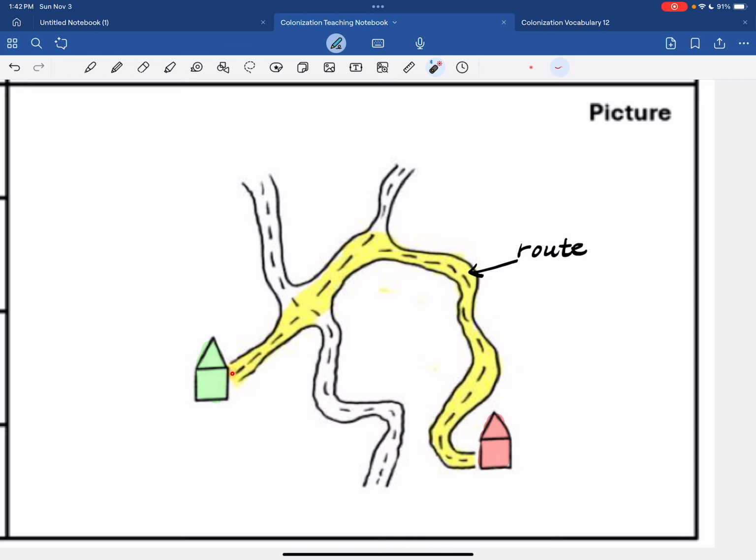So I have to go through the first intersection, turn right at the second intersection to get to my destination. That is the route or the route from point 1 to point 2. I can also go back along that route to get back to my starting point. The route is the yellow part. It's the specific pathway from one point to another.